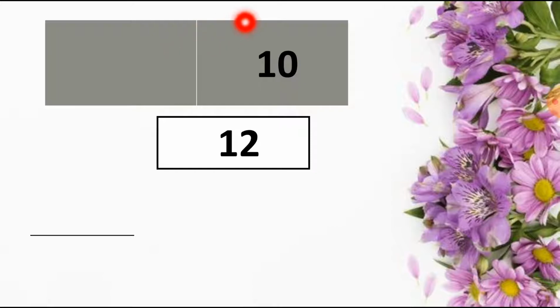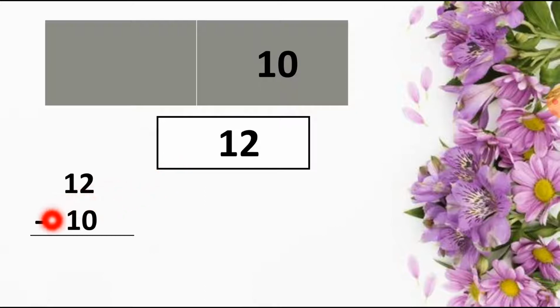Here are also three boxes, which are 12 and 10, and this box is empty. So students, which is the big number from these two numbers, 10 and 12? 12 is the big number and 10 is the small number. So we have to take 10 from 12.